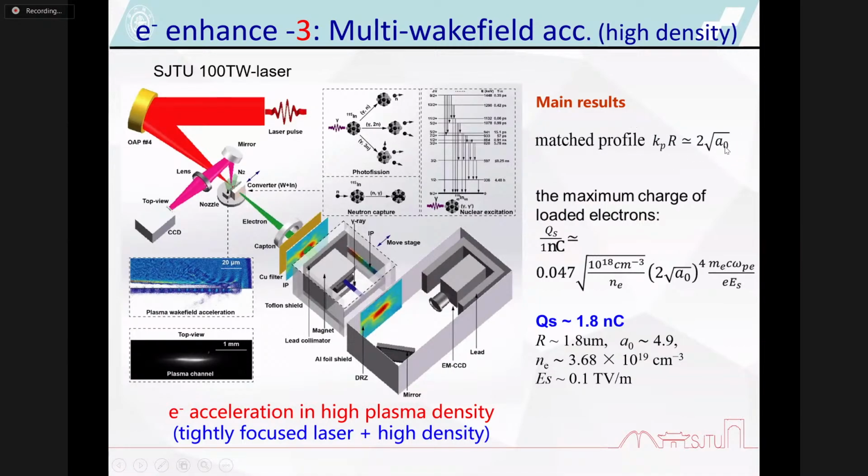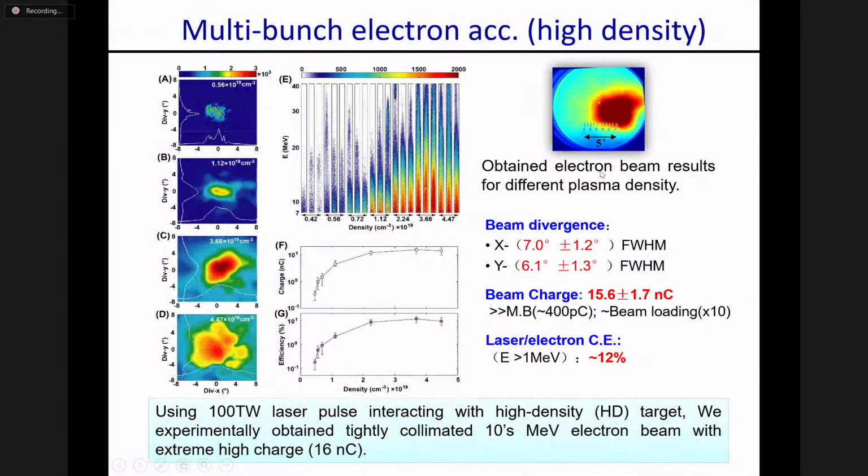So in this case, because the matched condition corresponds to the beam loading charge for the electrons approximately 2 nanocoulomb. So in this case, our experiment shows a quite collimated electron beam with the charge approximately 20 nanocoulomb, and also the electron energy can reach 40 MeV.